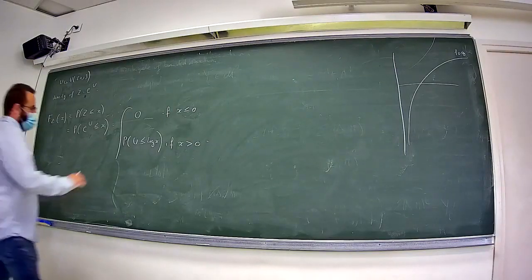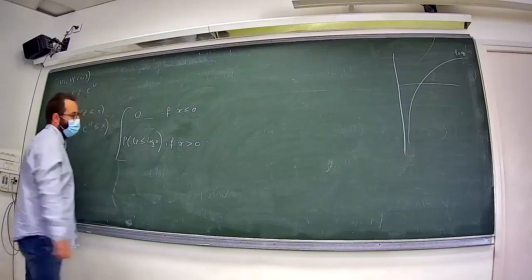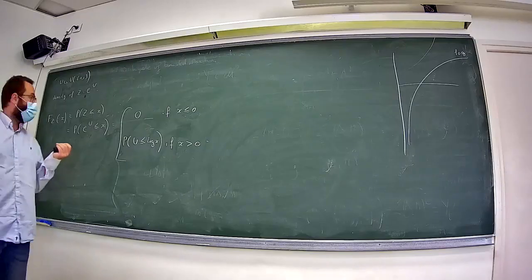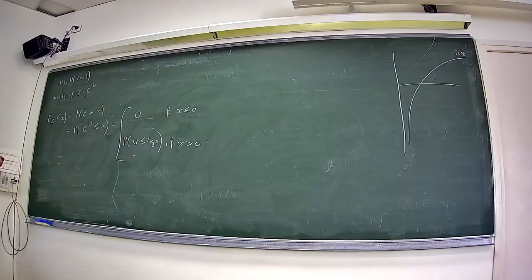So it means that now I am able to express the distribution function of z in terms of the distribution function of u. For the moment I haven't used the fact that u is a uniform on the interval 0, 1, but we are going to use this fact.